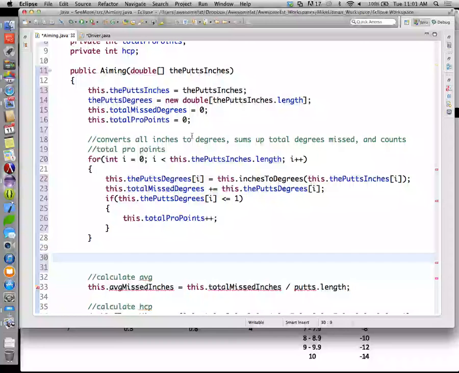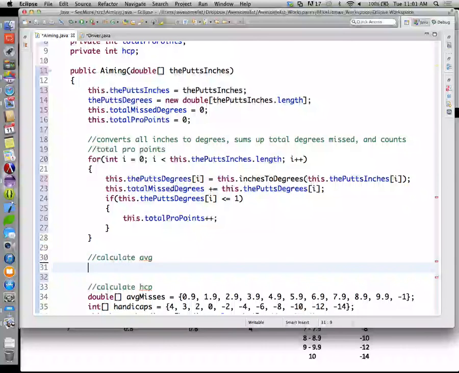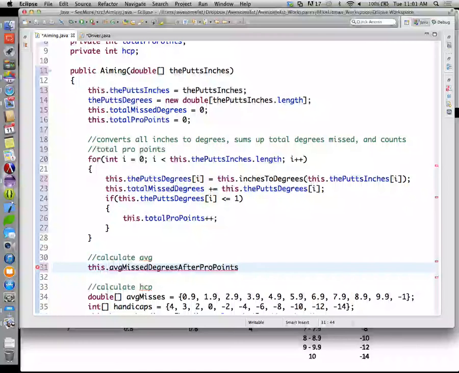Now, we have to calculate our average. So average missed degrees after pro points is equal to, we need to get our average degrees.